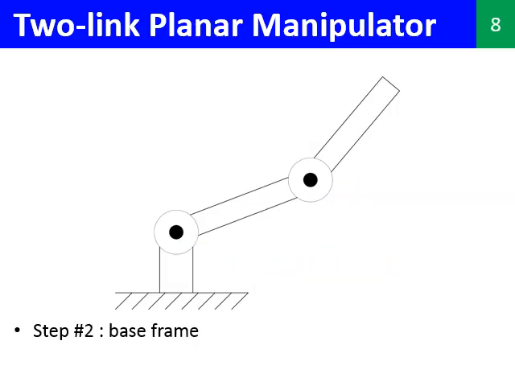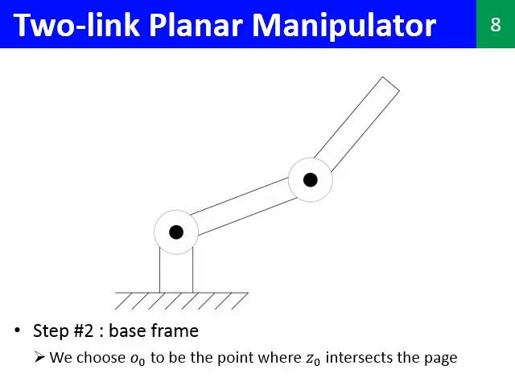Step 2, base frame. We can start by choosing the origin of the base frame, and the origin O0 can be anywhere along the Z0 axis. But the natural choice should be the point where Z0 axis intersects this page. So we will mark O0 here.